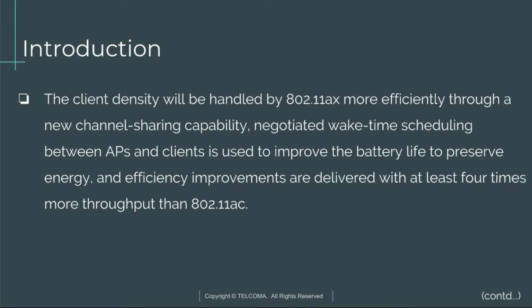The client density will be handled by 802.11ax more efficiently through a new channel sharing capability. Negotiated wait time scheduling between APs and clients is used to improve battery life and preserve energy, and efficiency improvements are delivered with at least 4 times more throughput than 802.11ac.